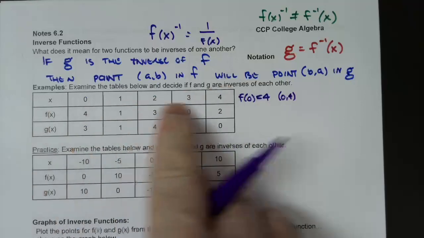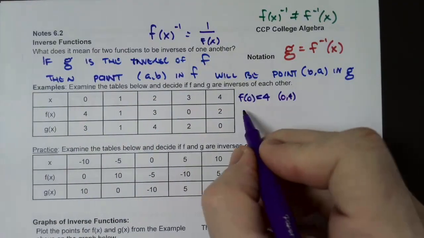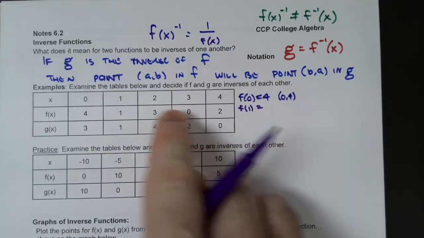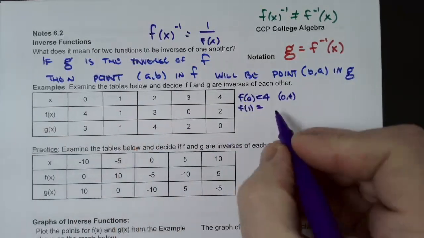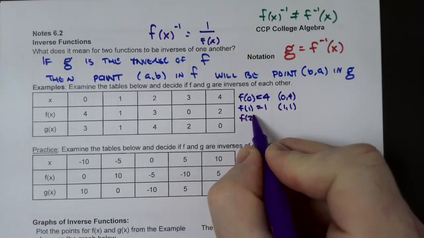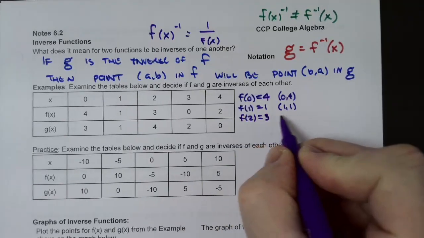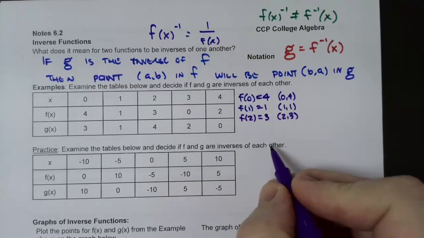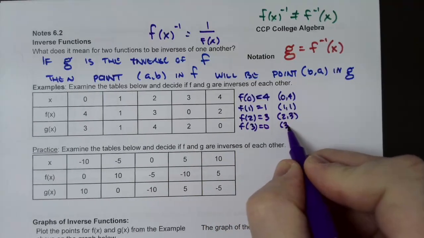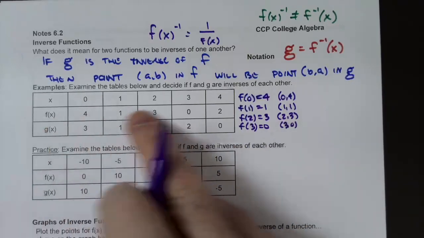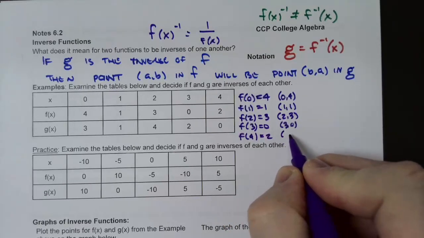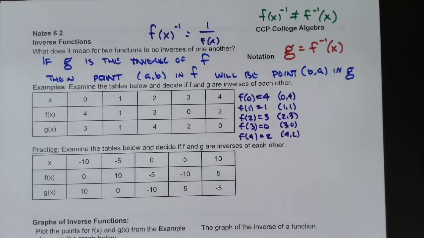I'm going to continue across and look at each of these points. f of 1 gives us 1, so that's the point (1, 1). 2 gives us 3, the point (2, 3). 3 results in 0, so that's the point (3, 0). And finally, f of 4 gives us 2, so we have the point (4, 2).